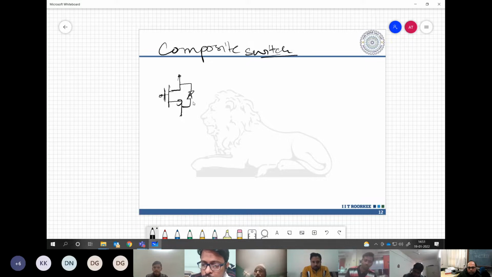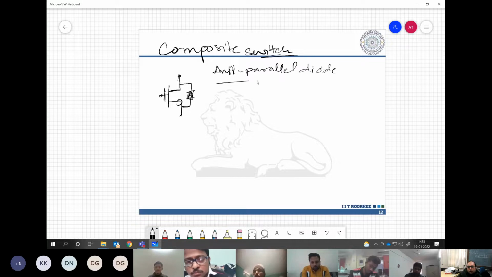When we have this diode attached to the MOSFET, if you notice the direction, this is called anti-parallel. The meaning of anti-parallel is that if the current conduction for one device is in this direction, the diode has the opposite direction of conduction.